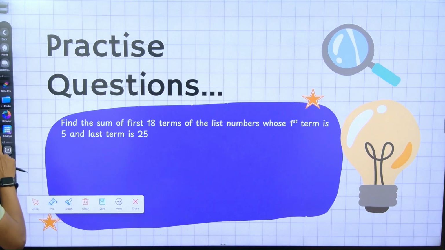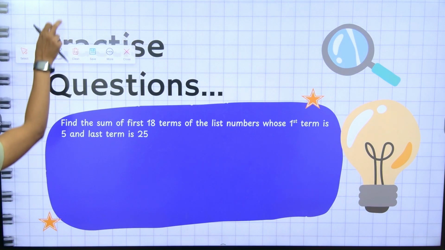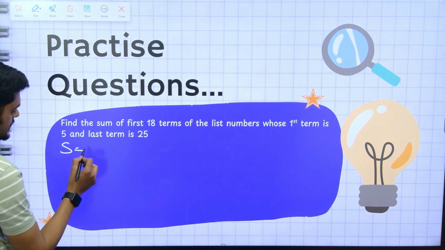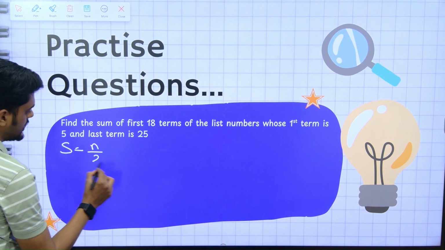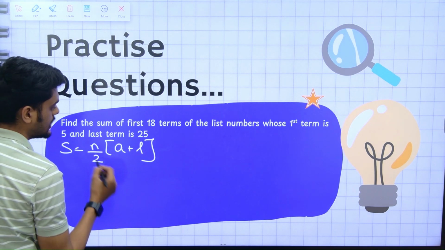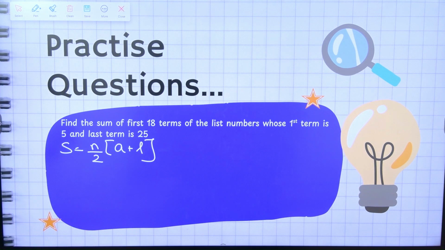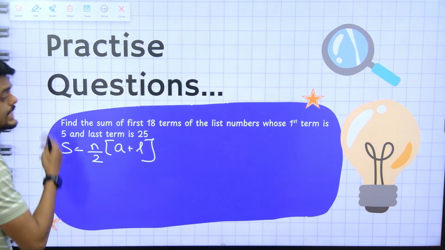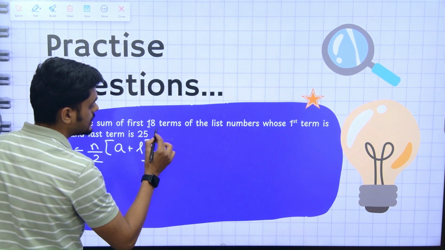Let's come to the formula, and it states that sum of n terms is equal to n by 2 into a plus l, where a is the first term and l is the last term. So we have everything we need within the question.